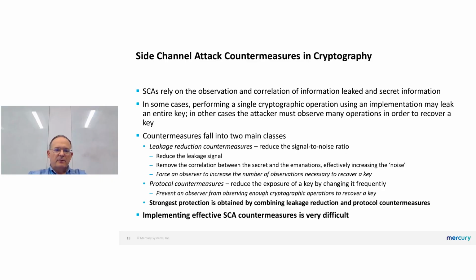This essentially prevents an observer from observing enough operations to recover that key. The best protection, obviously, is to combine both leakage reduction and protocol countermeasures. And if you appropriately guard band these things, they can provide you a lot of assurance that your countermeasures are adequate.